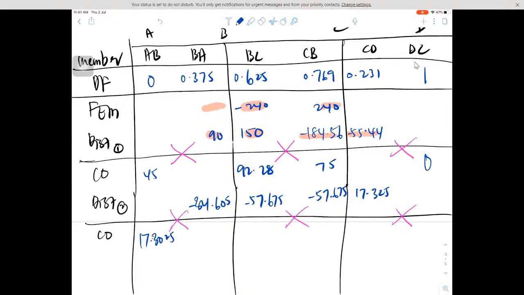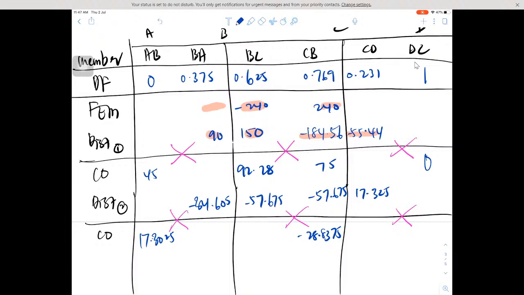Then 57.675 divided by 2 is negative 28.8375. Normally we will use up to 3 decimal points for a quite accurate answer.